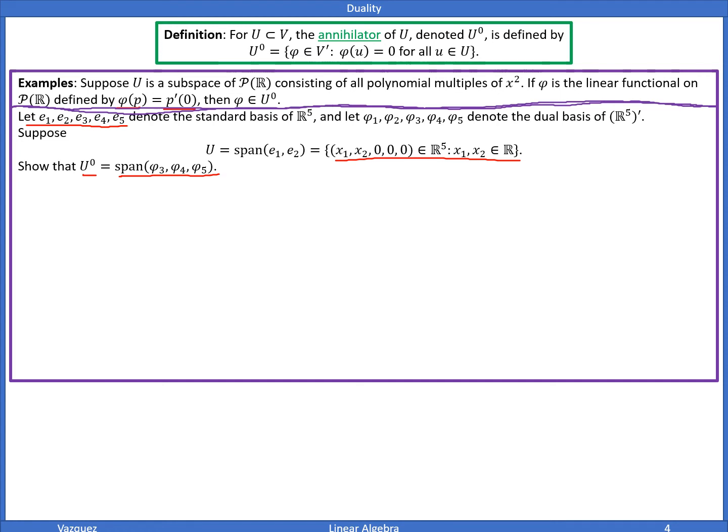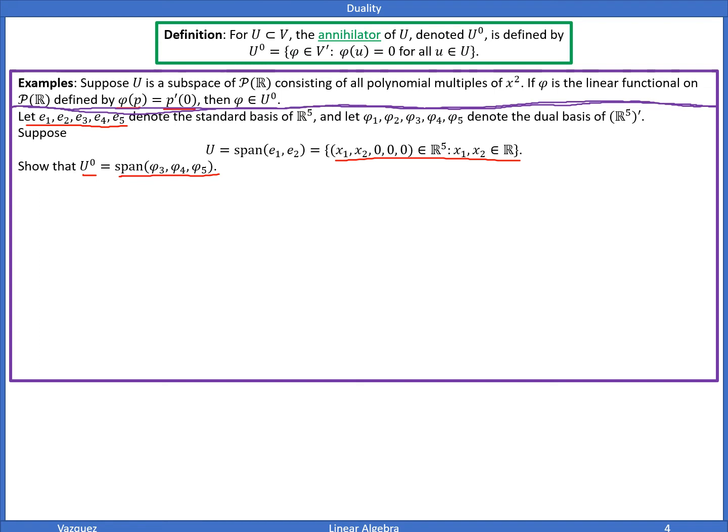Suppose U is a subspace of the vector space of all polynomials with real coefficients, consisting of all polynomial multiples of x squared. Then if phi is a linear functional on that vector space, defined by taking a polynomial and plugging in 0 to its derivative, then we simply get that phi is an element of the annihilator of U.